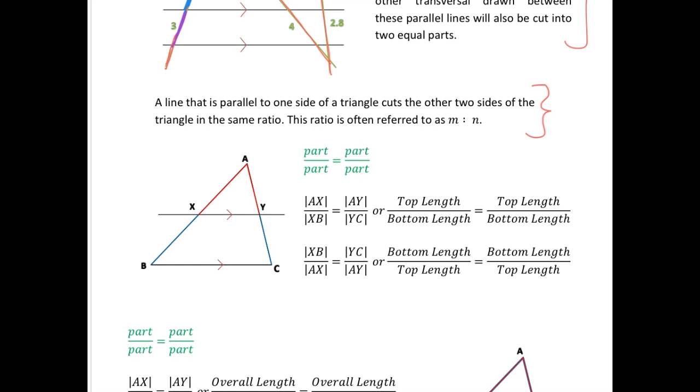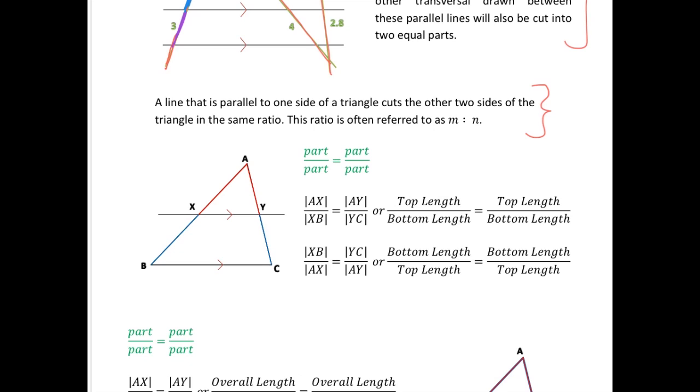That may seem a bit odd, but what that means is if we take one part of this line that's cut in two here, AX, and we divide it by the other part of the same line, XB, that ratio will be the exact same as the ratio of AY divided by YC, or the top length divided by the bottom length on one side is equal to the top length divided by the bottom length on the other side.